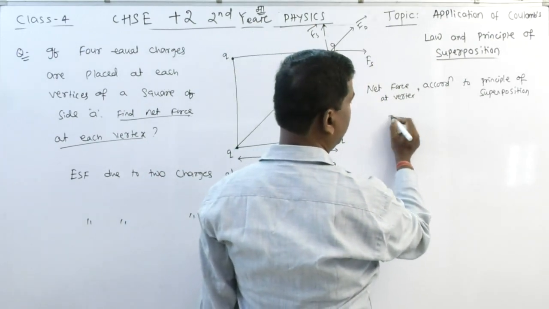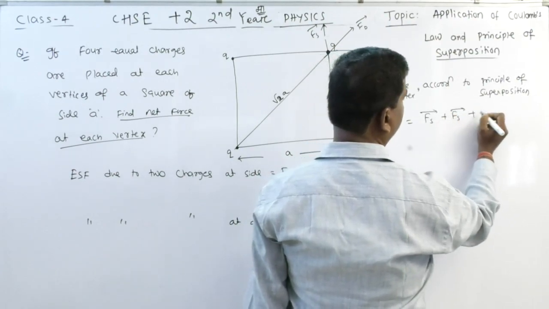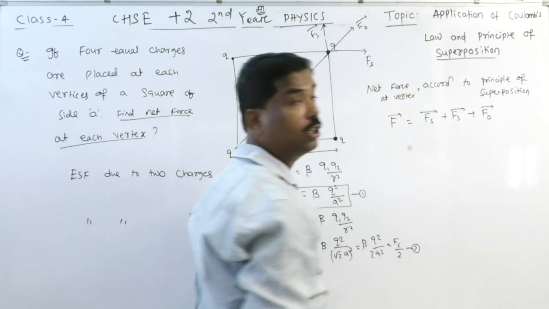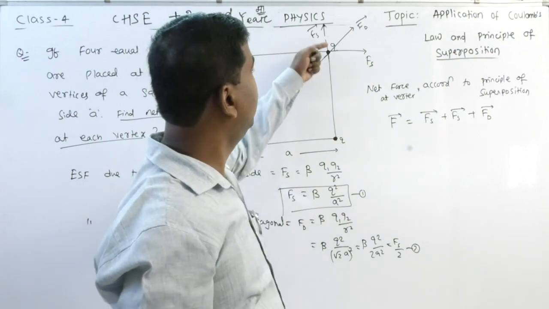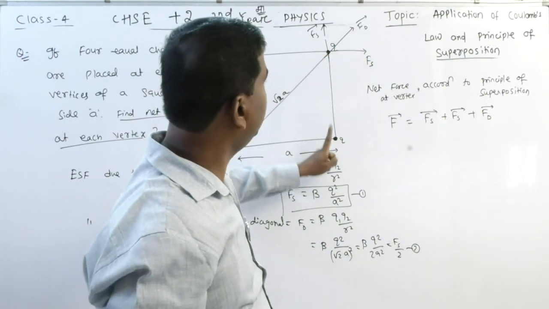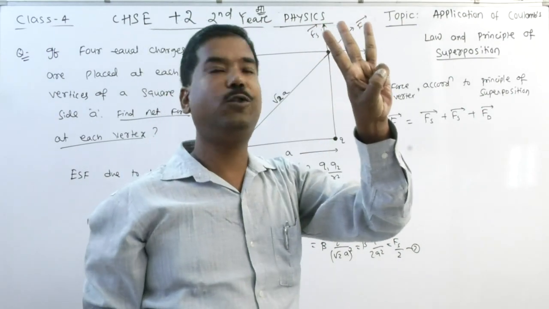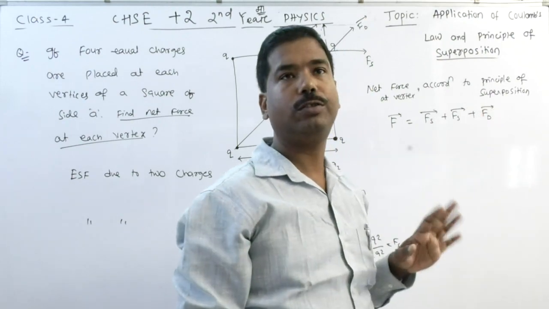How much? F vector is equal to F side vector plus F diagonal vector. Listen to me. How many forces are there? Due to these two charges, the force is this. Due to these two charges, the force is this. Due to these two charges, the force is this. So 3 forces are there, and I have written the 3 forces.